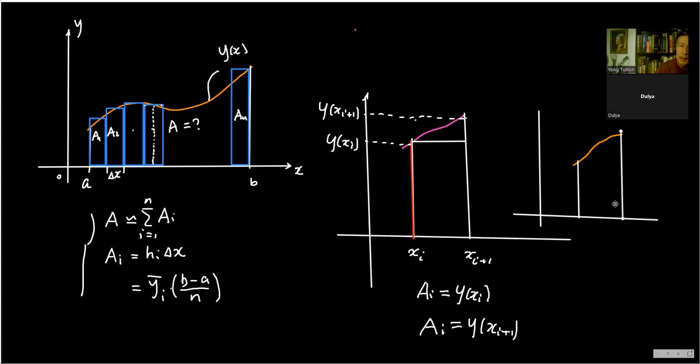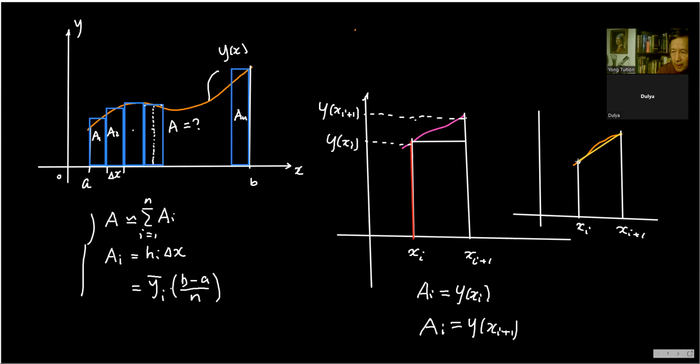So in this case, apart from these two methods, we can also make it more accurate. So this is xi, this is xi plus 1. Instead of using this approximation, both of which are not exact, right?